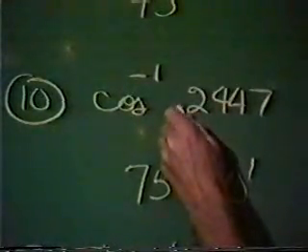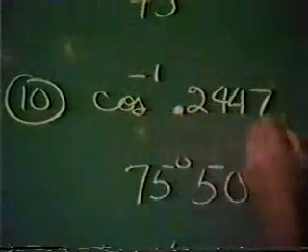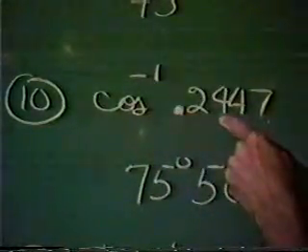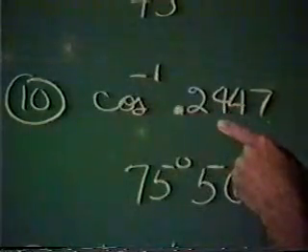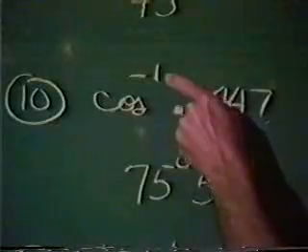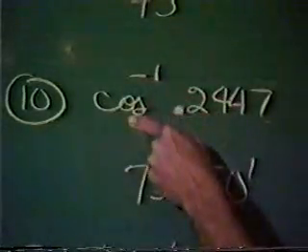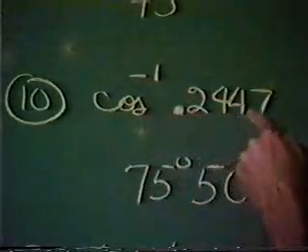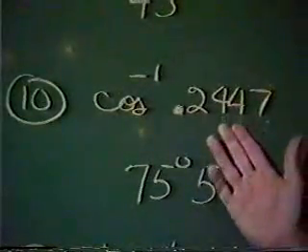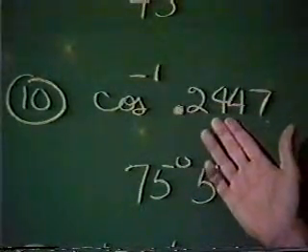What happens now if you have a decimal value in here? Remember, this is a number. So we're saying, what angle is the cosine 0.2447? This 0.2447 is among the numbers in the middle of those tables.